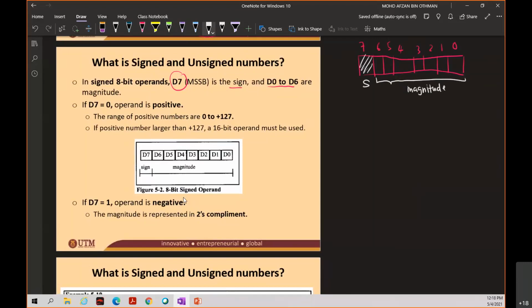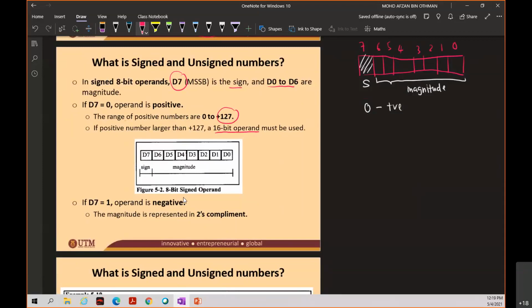If bit 7 is 0, then the value is a positive number. The range of positive numbers is from 0 to 127. If the positive number is larger than 127, then you need to use a 16-bit operand.